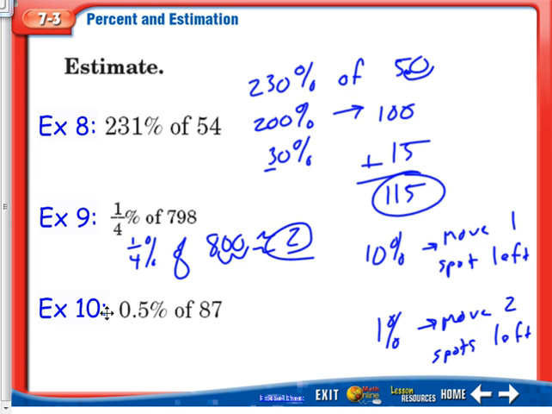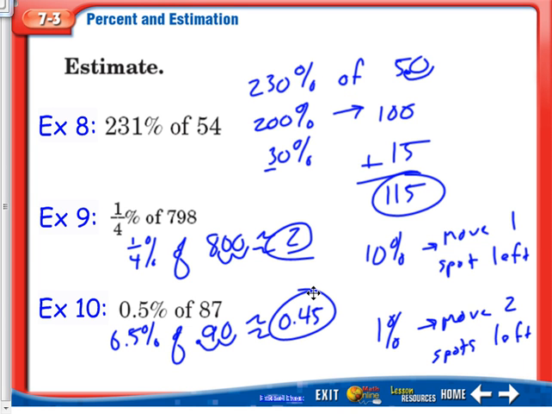Okay, now this one, I'm going to leave it at 0.5%, and I'm going to say of 90. Again, since this is less than 1%, I'm going to find 1%. Okay, 1% of 90 is 0.9, so that's like 90 cents, and half of 90 cents would be 45 cents.